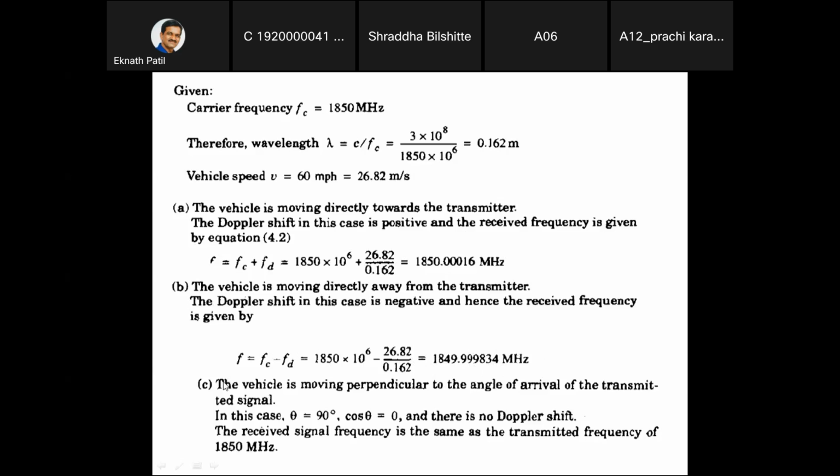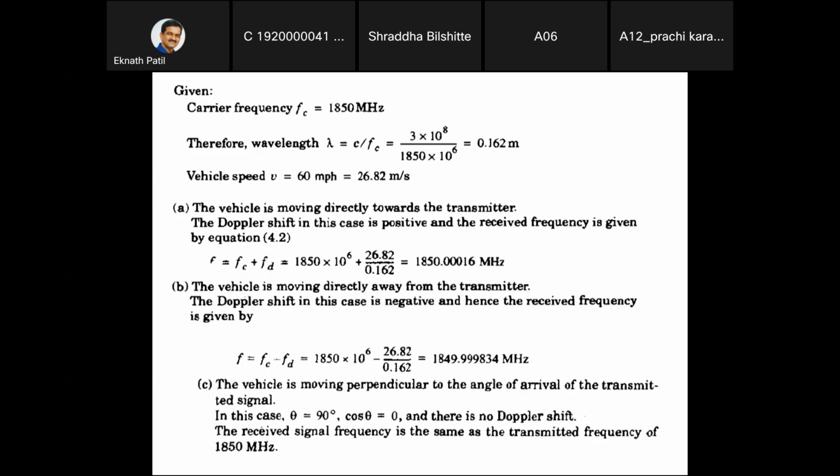The third part: the vehicle is moving perpendicular to the angle of arrival. Then cos 90 is 0, and the received signal frequency is the same as the transmitted one, 1850 megahertz. We have calculated for when the vehicle is coming towards the base station and going away from it.